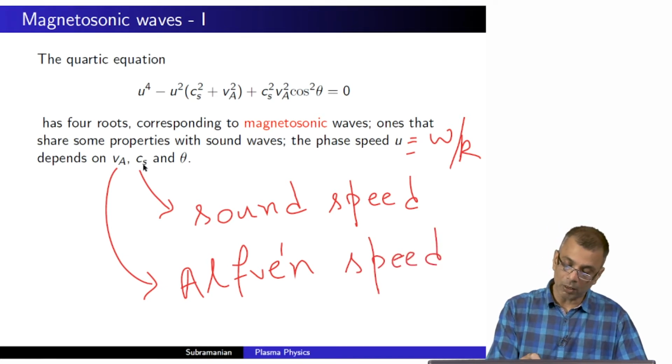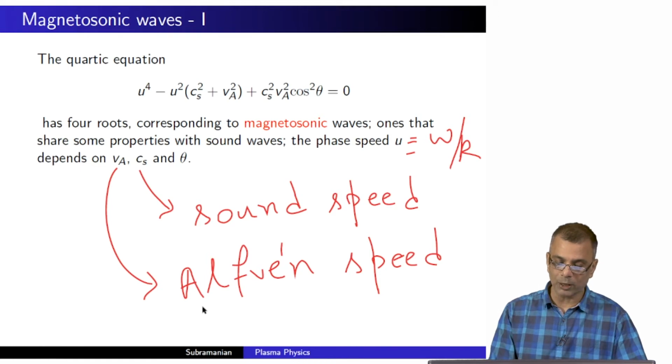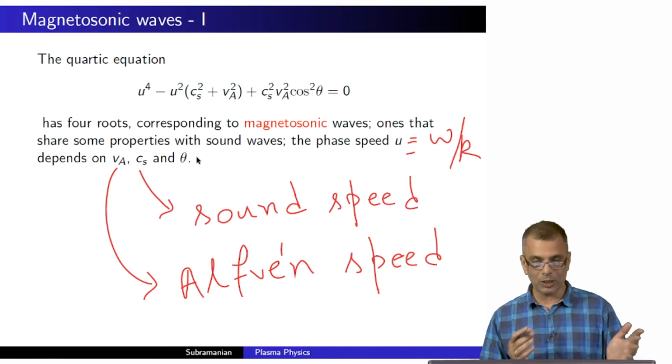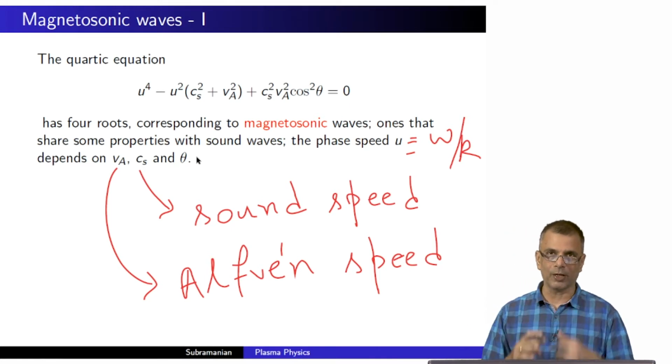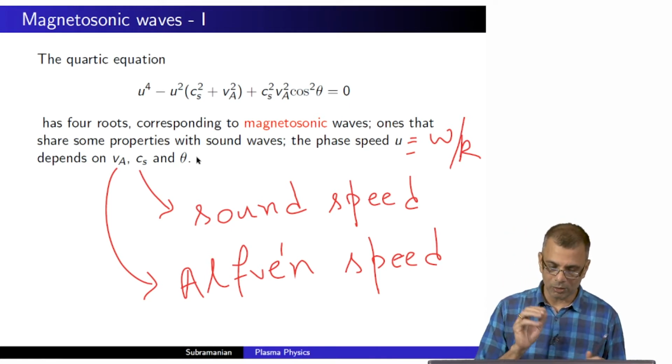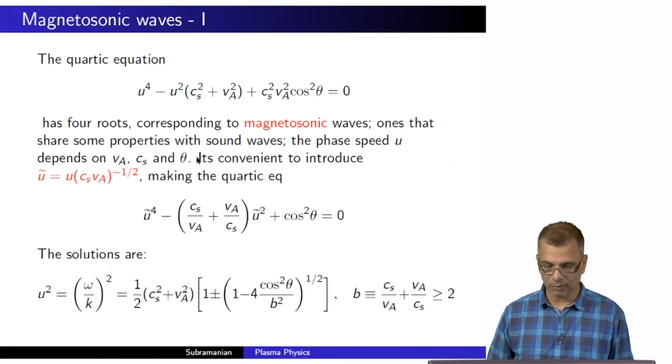So it depends upon not only the sound speed but also the Alfvén speed and theta, which is the angle between the direction of propagation of the wave and the magnetic field. Okay, so it depends upon these 3 quantities.